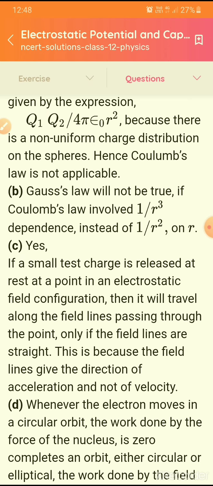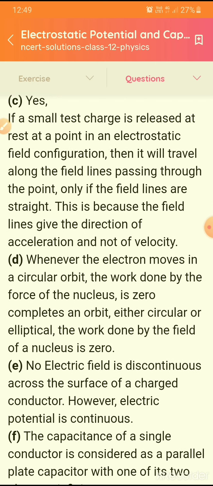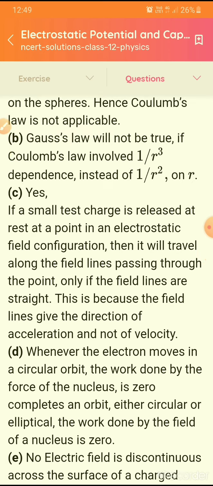This is because the field lines give the direction of acceleration, in which direction the acceleration is acting, and not of velocity. Okay, this is about the third question.